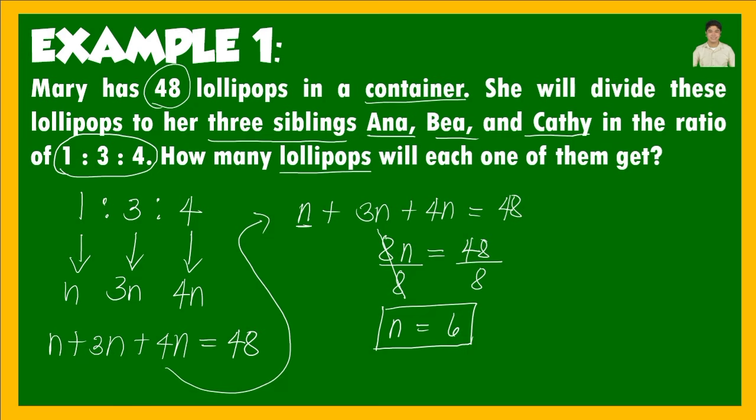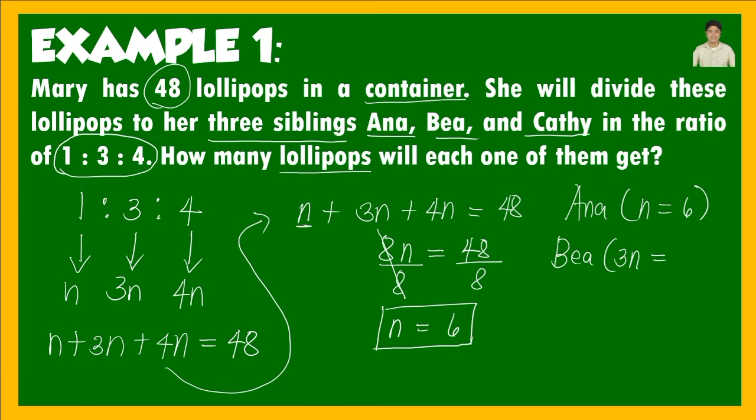So, balik ngayon tayo dun sa proportion. So, si Anna, yung n. So, ibig sabihin, si Anna, matatanggap niya is 6 lollipops. Next, si Bea naman. Si Bea naman, 3n.